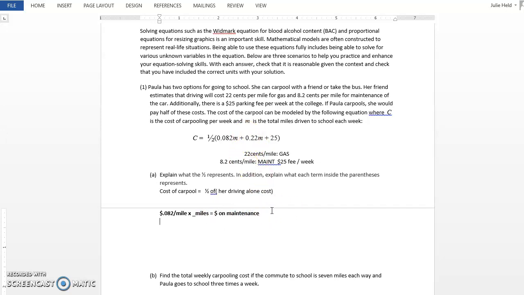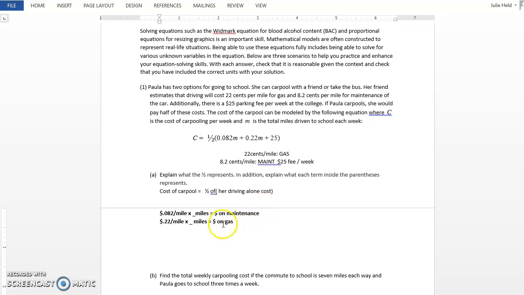The 0.22 is 22 cents, but written as a dollar amount. 0.22 is 22 cents if we write it in dollars. That's per mile, but times the number of miles she drives would be her dollar amount spent on gas.